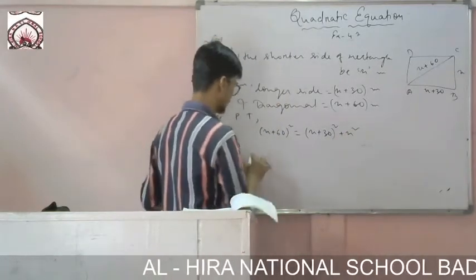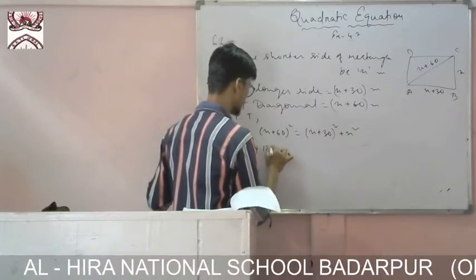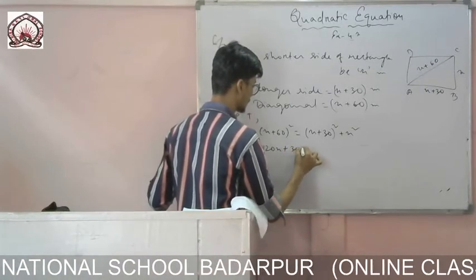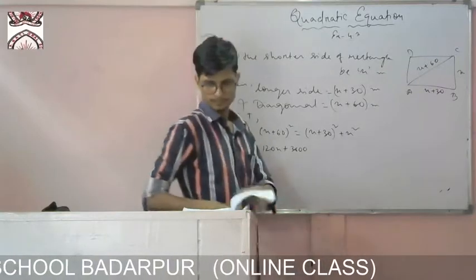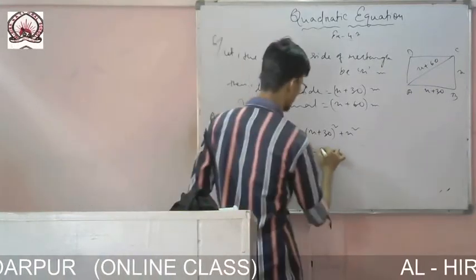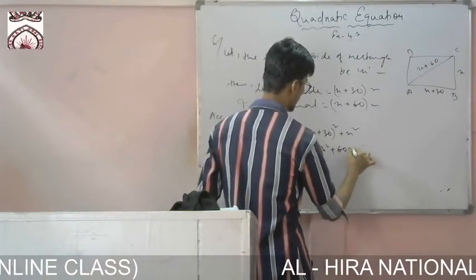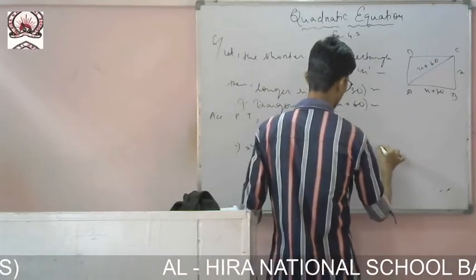If I solve it, a squared plus twice ab: 2 times 60 is 120x, plus 60 squared is 3600, equals to, and there it will be x squared plus 2 times 30 is 60x plus 30 squared, it is 90, plus x squared.